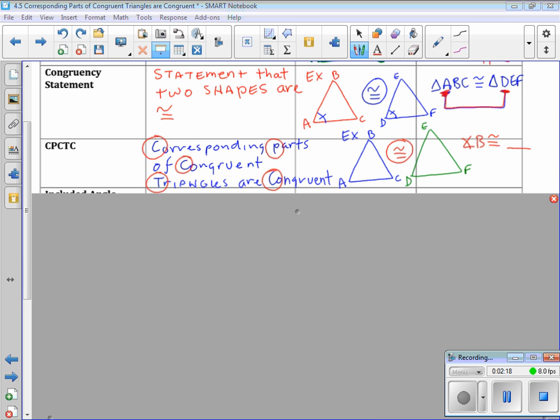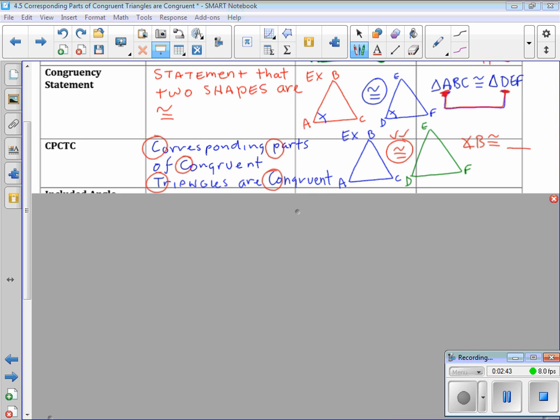So take a look. I have these two triangles here, a green one and a blue one off to the right, and I'm telling you that the two triangles are congruent. If they're congruent and they haven't been twisted or whatever, I should be able to say that for the angle B in the blue triangle, there has to be an angle that's congruent to it in the green one, because I've said that the triangles are congruent.